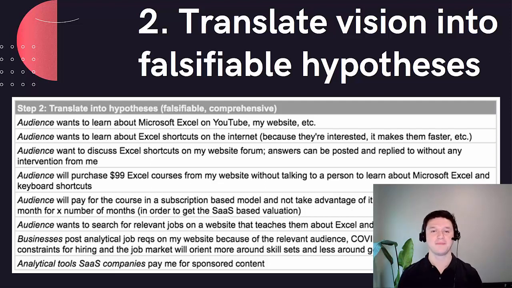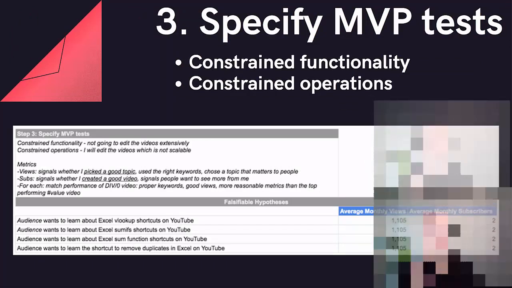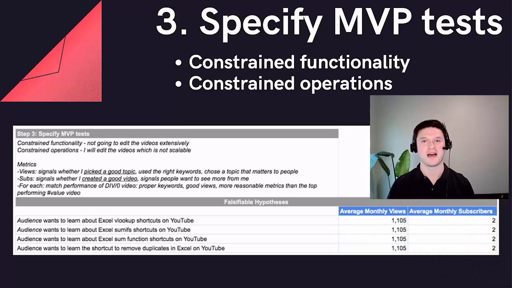So I went ahead and did that. I took my vision and I listed it out into falsifiable hypotheses, which you can see here. But moving forward, you're going to have to actually specify some tests to test those hypotheses in the marketplace.